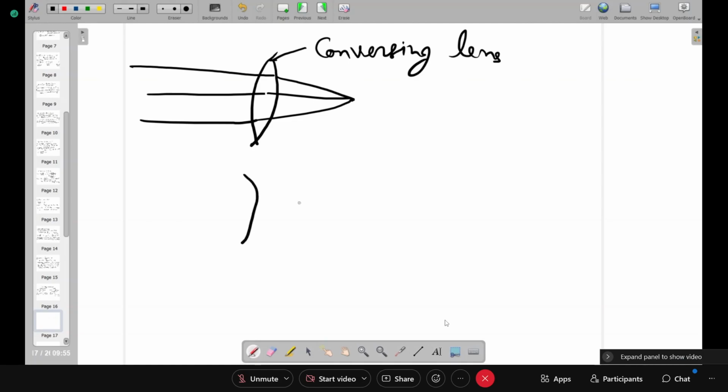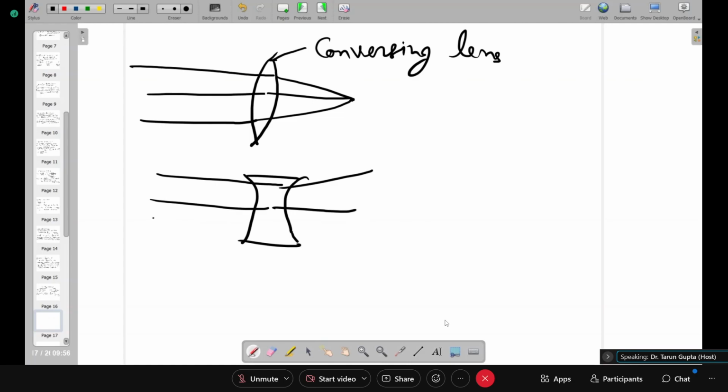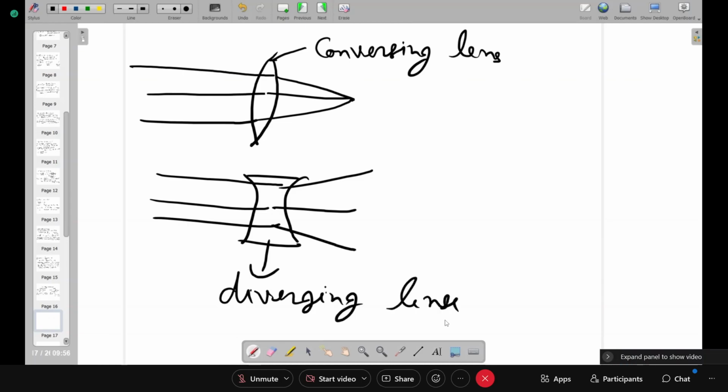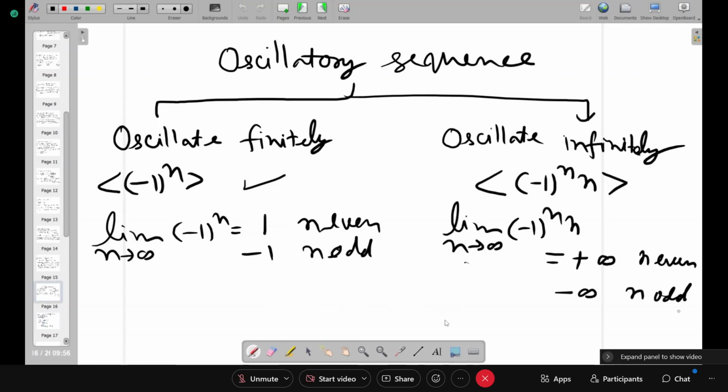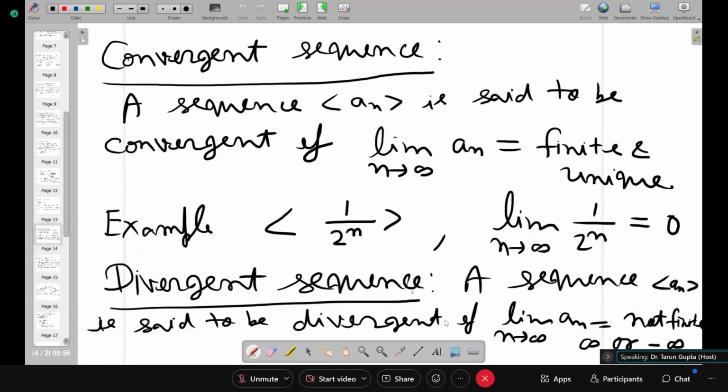And if we take this lens, where rays come and spread out like this, okay, that's why this is called a diverging lens. So here is the concept of oscillatory and divergent sequences.